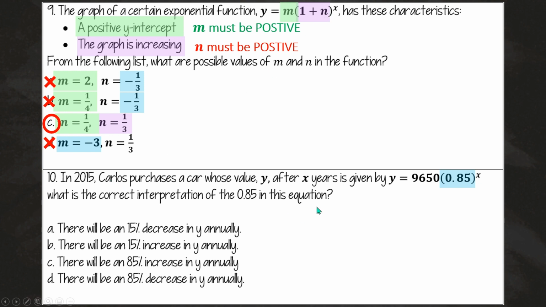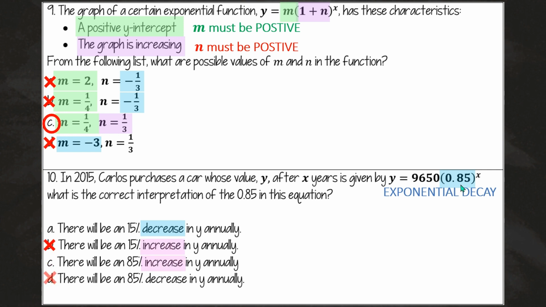Question number 10, a few students did have questions on, and if you were in my class, I did warn you that this would be confusing to some of you. Okay, it's saying in 2015, Carlos purchases a car whose value y after x years is given by this function. So this is showing us exponential decay, but it's not decreasing at a rate of 85%.